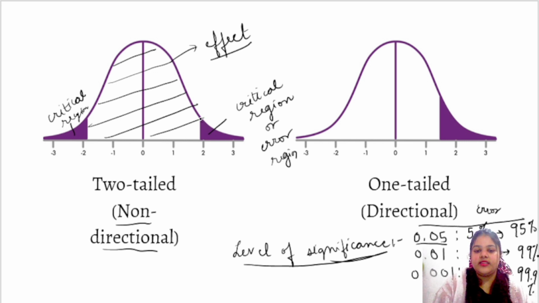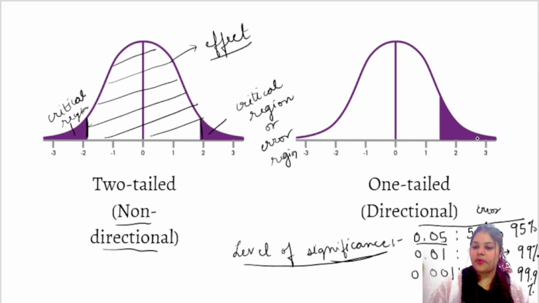So herein the critical region, or the error region, is dependent upon the level of significance that we have chosen. It could be 0.05, 0.01, 0.001.